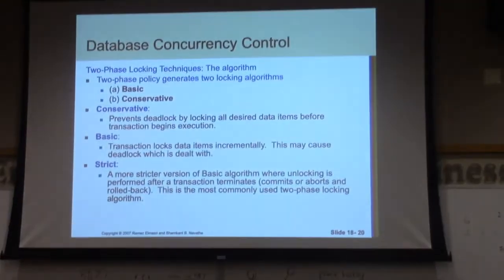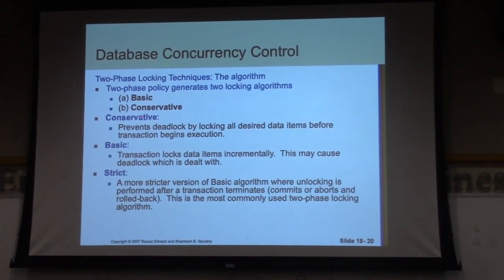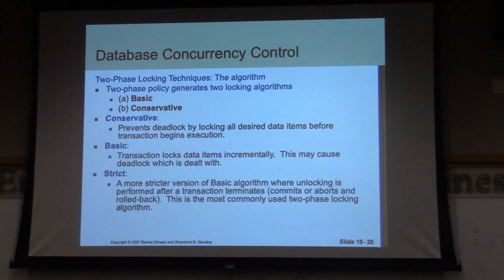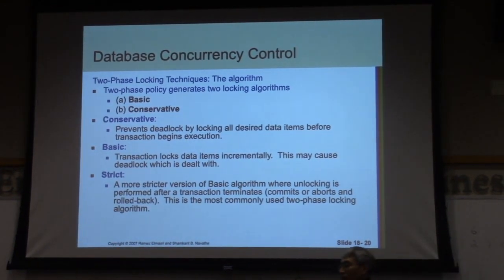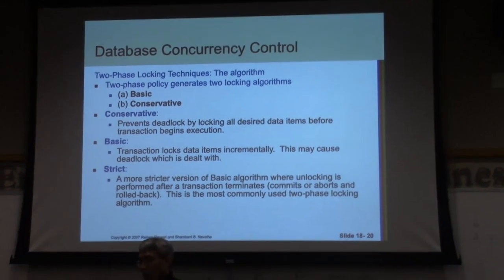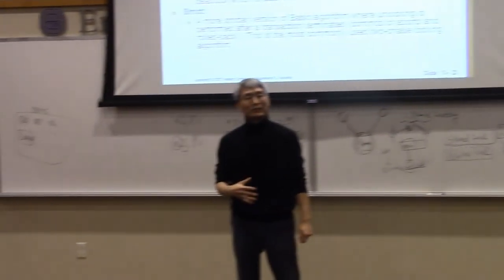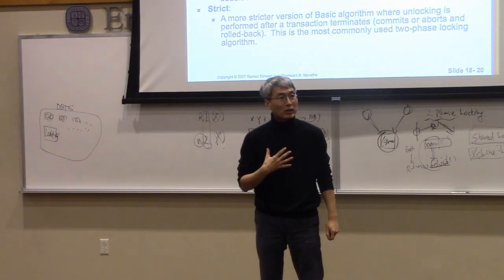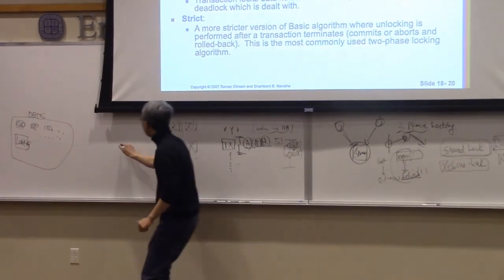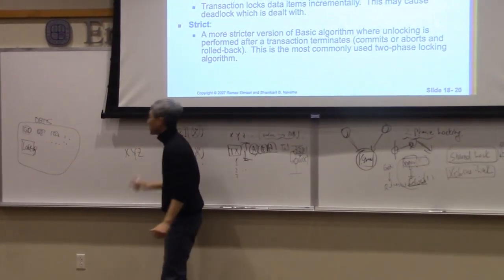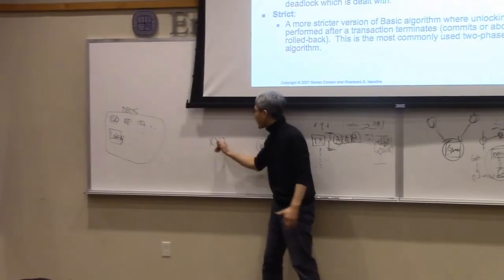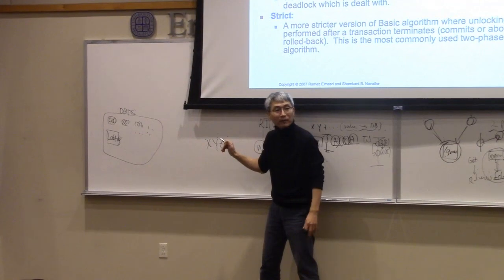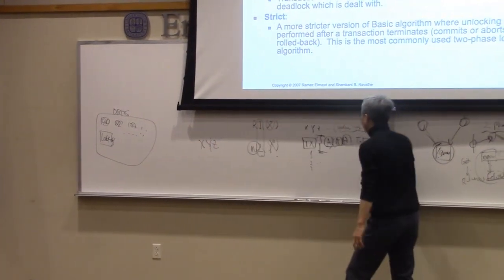So there are different approaches in two-phase locking. One is the basic, the conservative first. Conservative means defensive, which means if I access the resources X, Y, Z, first I want to make sure I am able to access all of these items that will be used in the entire transaction.